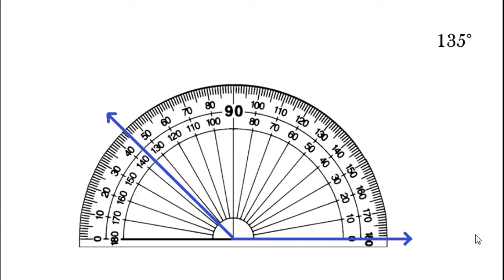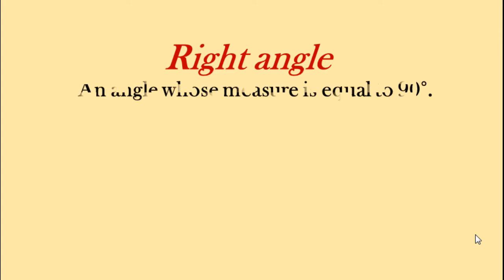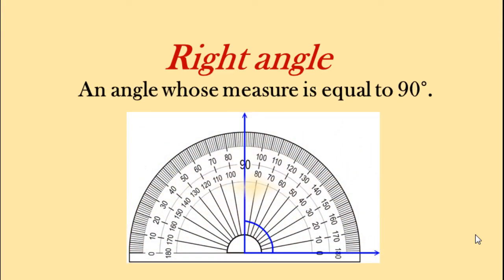Okay. Now moving on to the third type, right angle. An angle whose measure is equal to 90. Here we are moving straight upwards to the 90 pointing, that is a 90 degree angle. That angle is called a right angle. Okay.